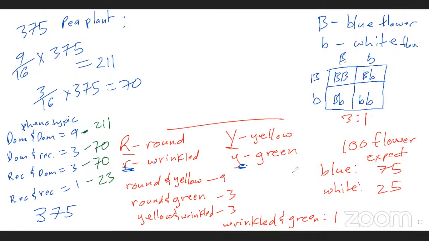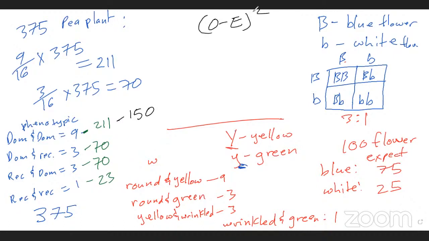This is the made up number in block: 150. Somebody will work out observed minus expected squared for this one, divided by expected, and tell me the answer.